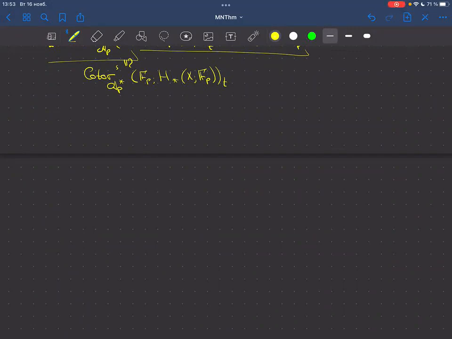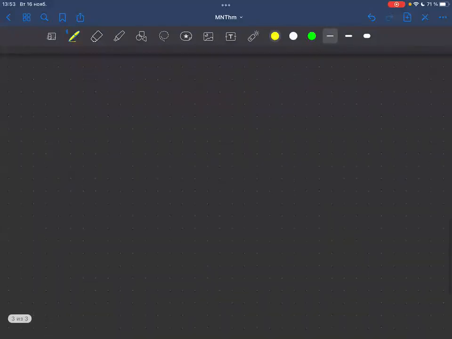So p is odd. How would the second page look?